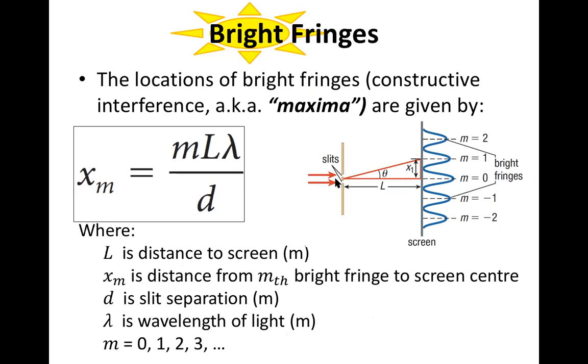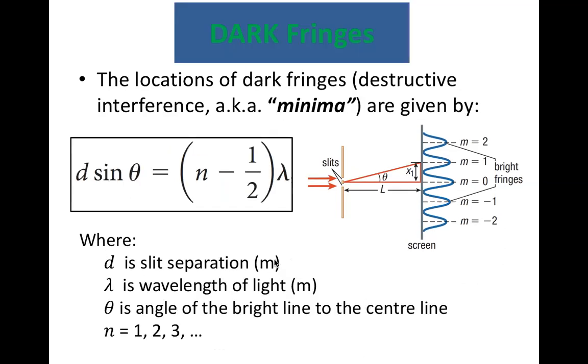So this is L here, and this is x, the distance from that bright fringe to the center. So that's L and x, and we might be given those values. Theta might be very small, but these two values are measurable. So depending on what we're given, we might want to use this version of the equation to solve for theta or x or d, depending on what you're looking for.